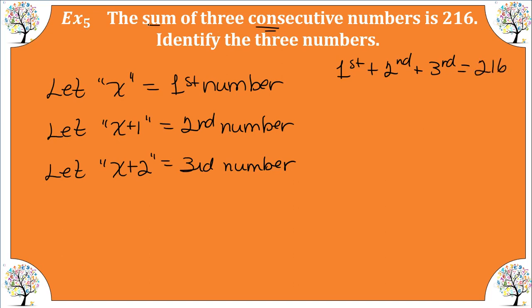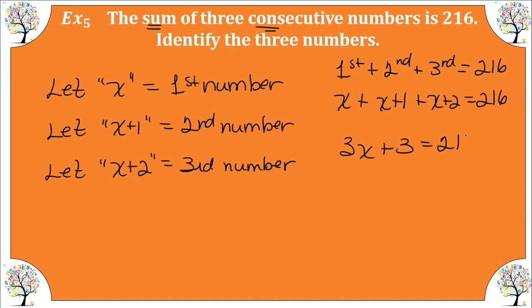And I'm using plus because it says the sum. Now let's plug in each component for each representation. So X plus 1, and our third number is X plus 2 equals 216. Let's combine like terms. 3X plus 3 equals 216. Subtract 3.